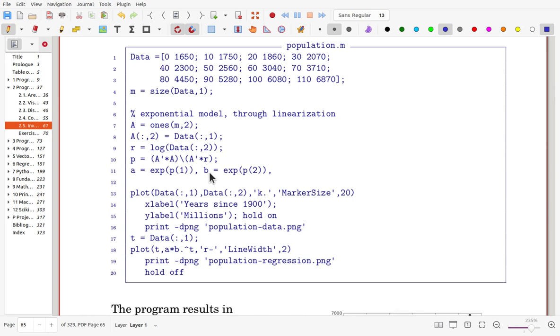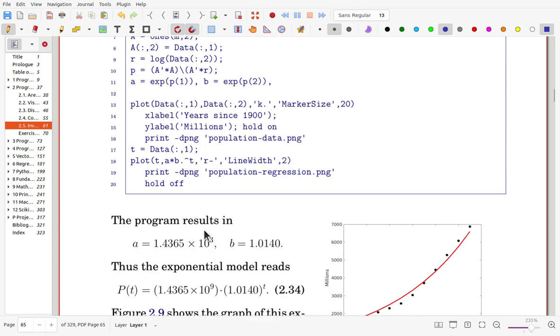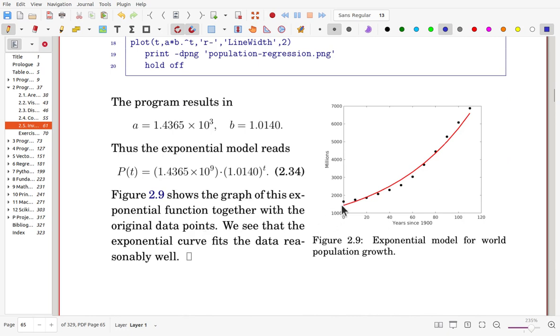Now after getting A and B, we make the plot by using time, and here A times B to the t. Then we can see over there the pointed values, the scatter plot, and the curve best fitting the data, and the actual values of A and B are given in this way.